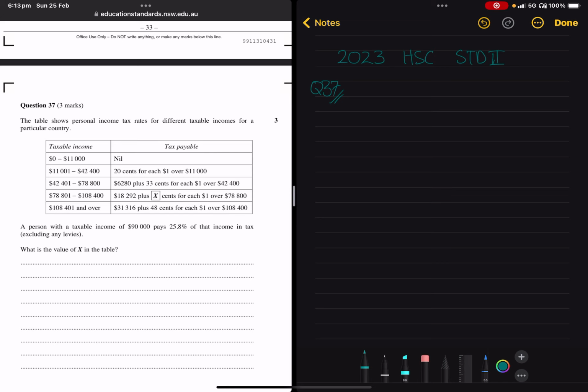So we know 90,000 falls within the 78,801 to 108,400 bracket. So we can use that information in order to find the missing term.